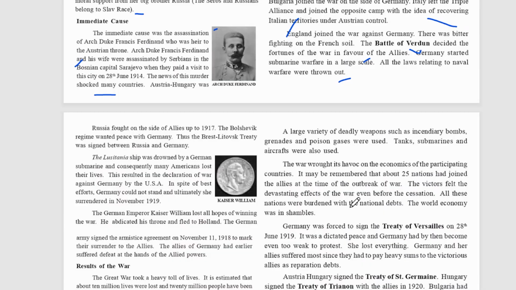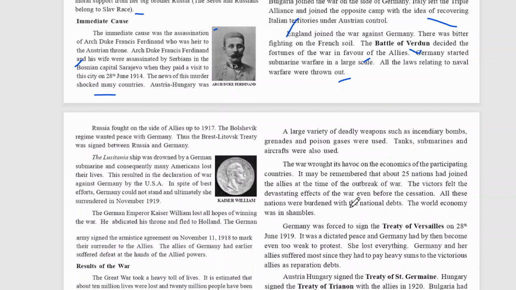The Bolshevik regime wanted peace with Germany, and thus the Brest-Litovsk Treaty was signed between Russia and Germany. The Lusitania ship was sunk by a German submarine, and consequently many Americans lost their lives, and this resulted in the declaration of war against Germany by the USA.